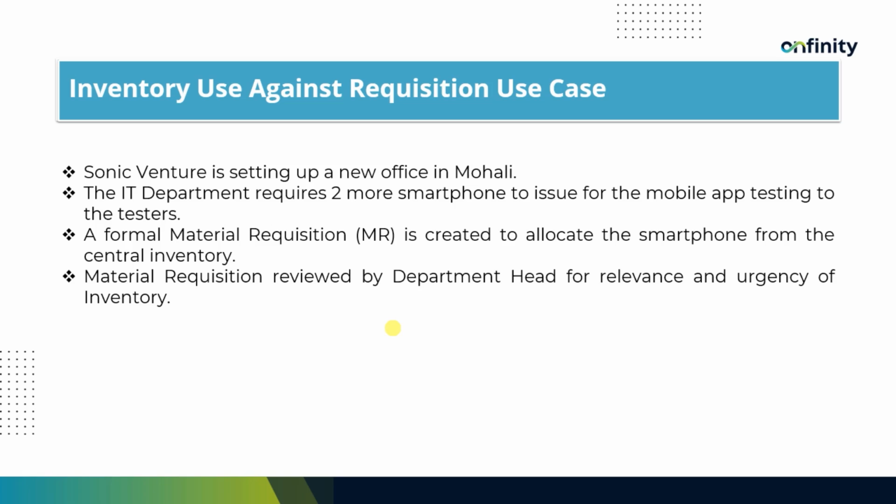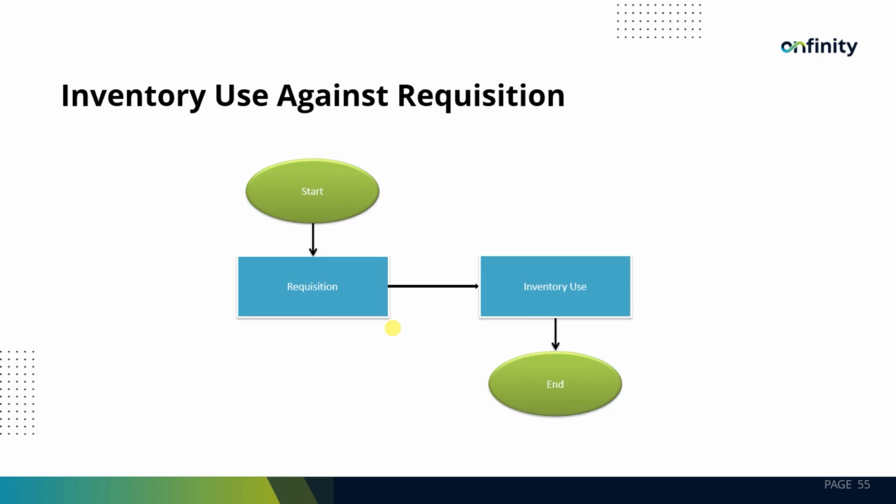Before moving ahead with the use case execution, let us first examine the inventory use against requisition process flowchart. This chart represents the fundamental structure used to initiate the inventory use against requisition process. The process flowchart illustrates the complete life cycle of inventory use against requisition, from the initiation of the requisition to the final inventory adjustment.